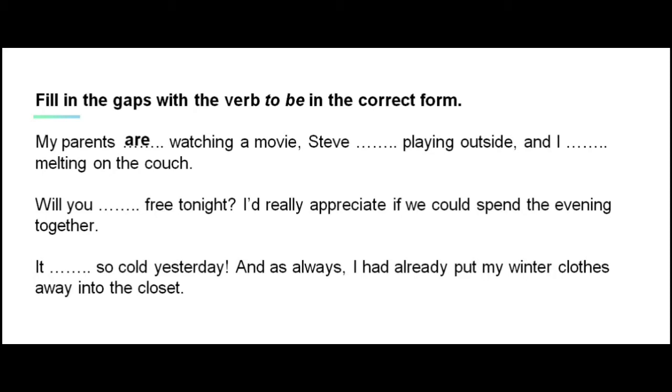My parents are watching a movie, Steve is playing outside, and I am melting on the couch. Will you free tonight? I'd really appreciate if we could spend the evening together. Will you be free tonight?